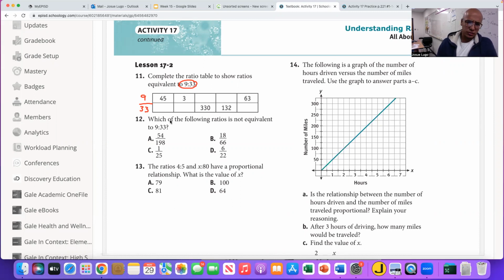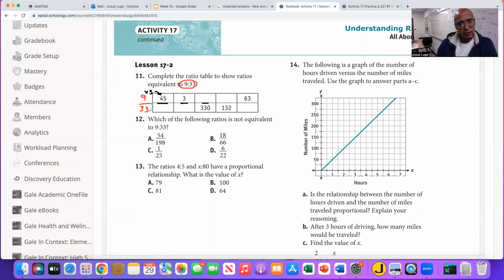And I'll help you with the first part. For example, remember, all of these can be seen as fractions. So if I look at this first one, 45 over what is the same thing as 9 out of 33? Well, I know that I can multiply 9 times 5. 9 times 5 is going to give me 45.